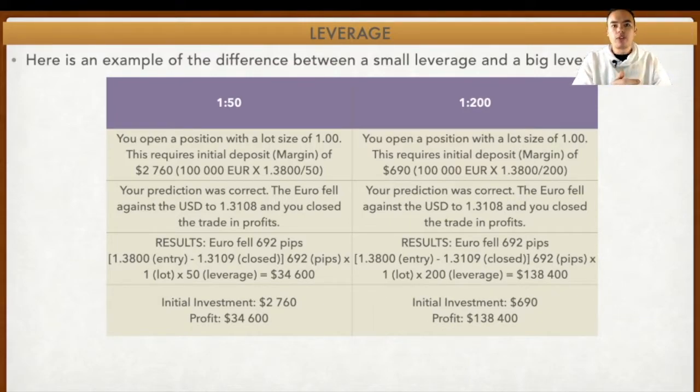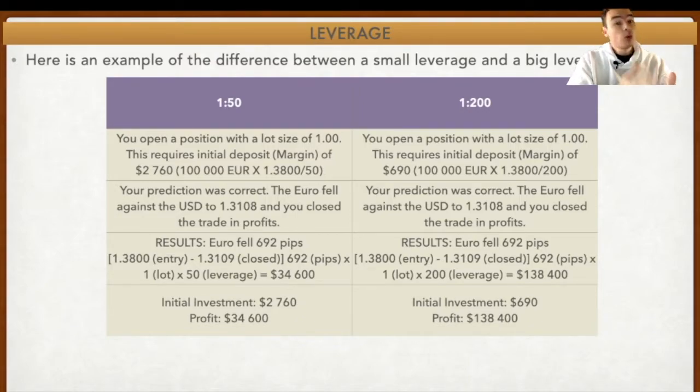The leverage is 1 to 50, so we use 50. So it's the units times the entry price divided by the leverage: 100,000 times 1.3800 divided by 50 gives you $2,760. So you need $2,760 in your account to place a lot size of 1 on this pair using a leverage of 1 to 50.